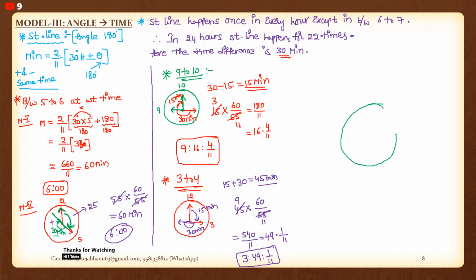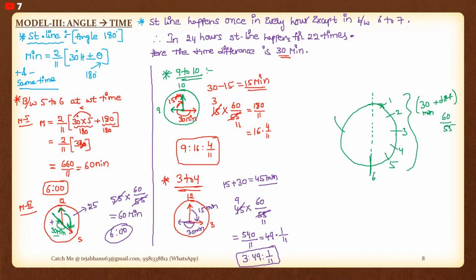If you consider a clock, for 1, 2, 3, 4, 5, and this is for 6, for this area the simple thing is 30 minutes plus difference into 60 by 55.